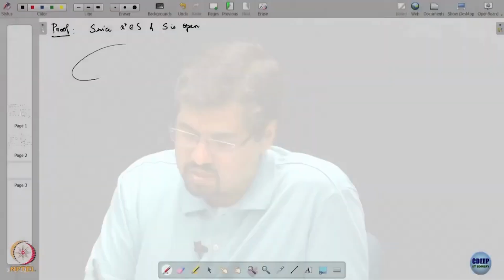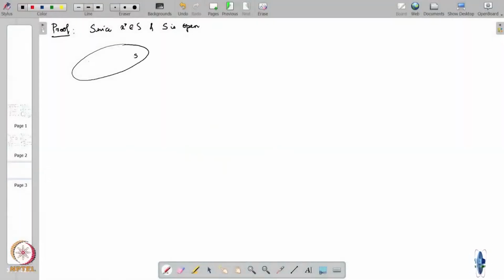Then there is a ball around x star that lies completely in S. The picture you should have in mind is this is your set S, this is your point x star, and there is a ball around it that lies completely in S. What that means is there exists a radius r greater than 0 such that x belongs to S whenever the distance between x and x star is less than r.